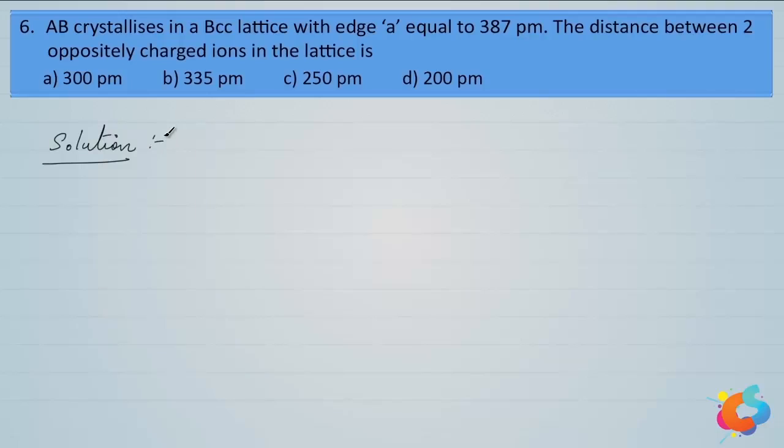The solution is, for BCC, R plus R minus can be given as root 3 by 2 into A. From the question, we know that A is equal to 387 picometer.